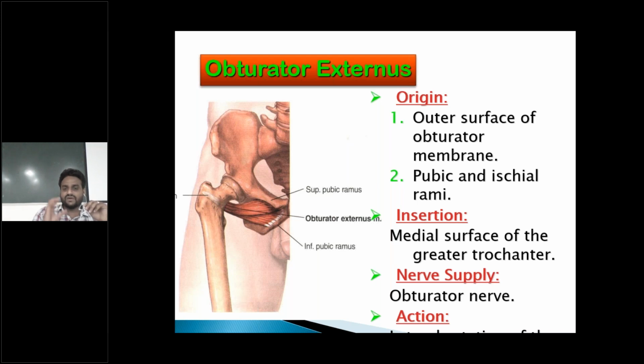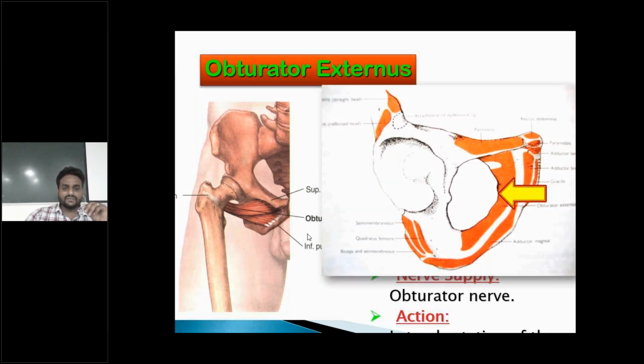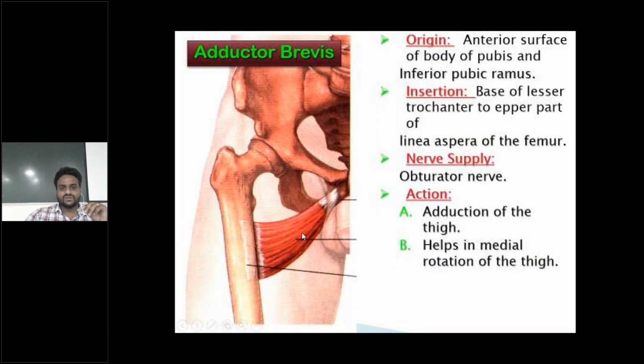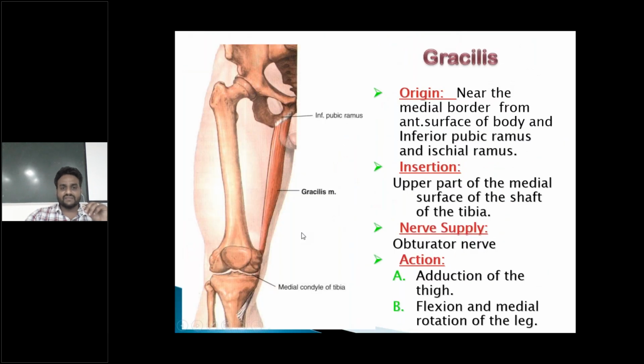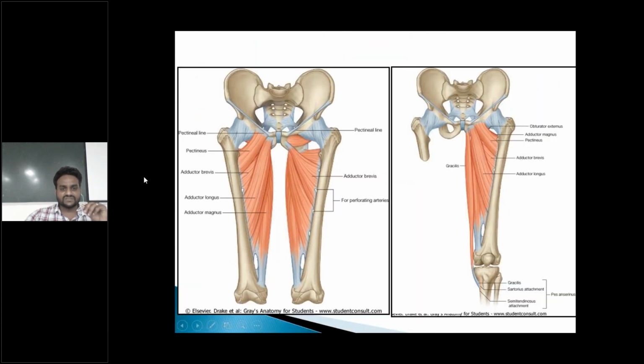all these things, I want to clarify some points. Listen: pectineus and adductor magnus. In the first picture, this is the pectineus and this one is the adductor magnus. These two muscles are called hybrid muscles.